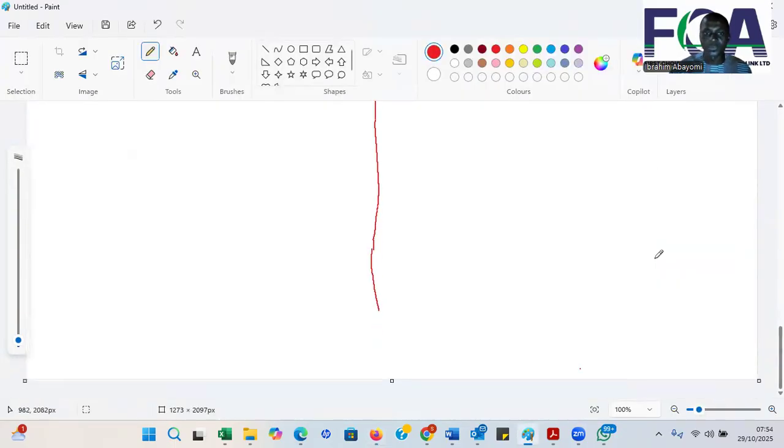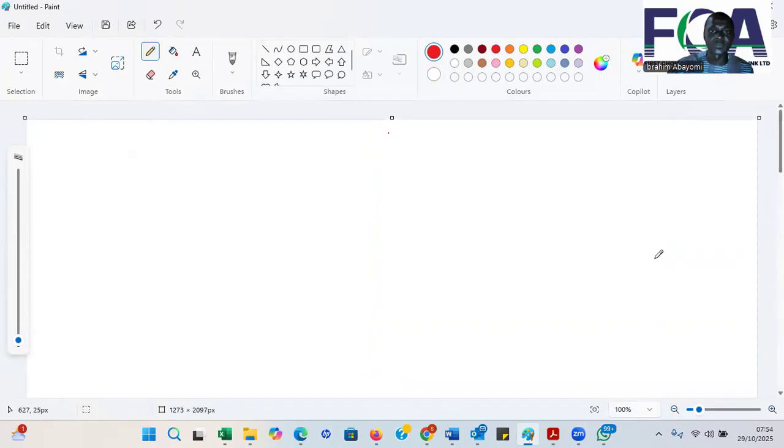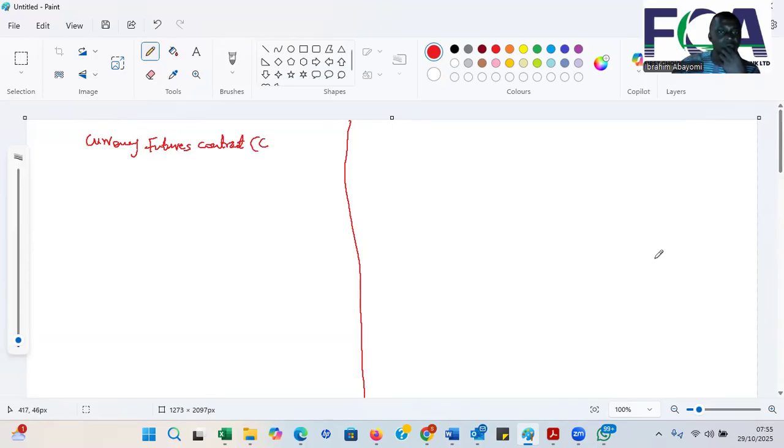So let's go to currency futures contract continues. Currency futures contracts continued.